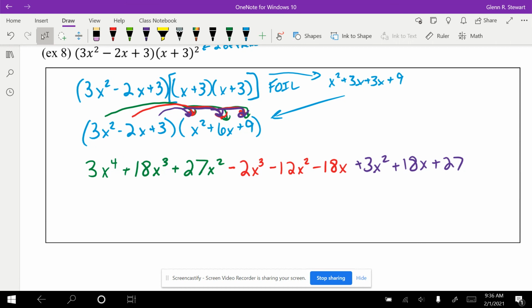Putting it all together, I only combine terms that have the same degree now that I'm adding. So 3x to the 4th is by itself. Then after that, I have 18x cubed, negative 2x cubed, and I think that is all I have. So I'm going to have 16x cubed.